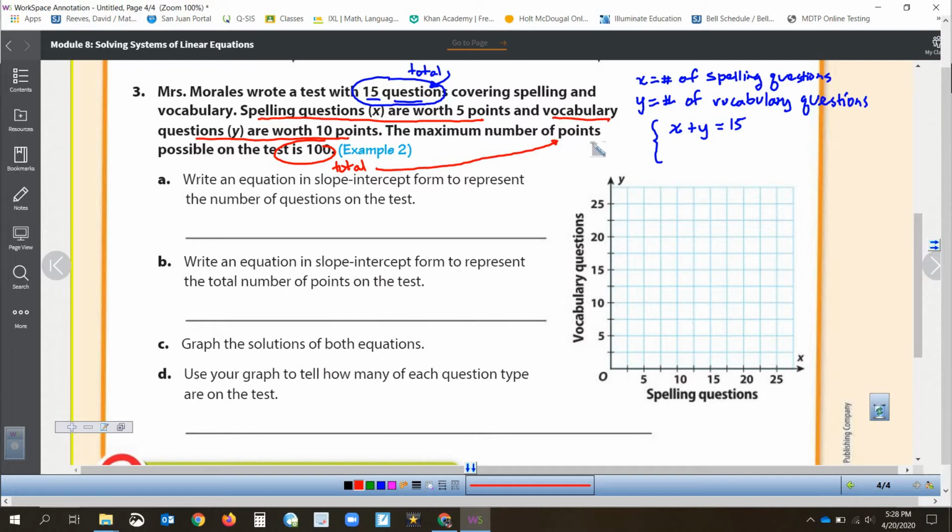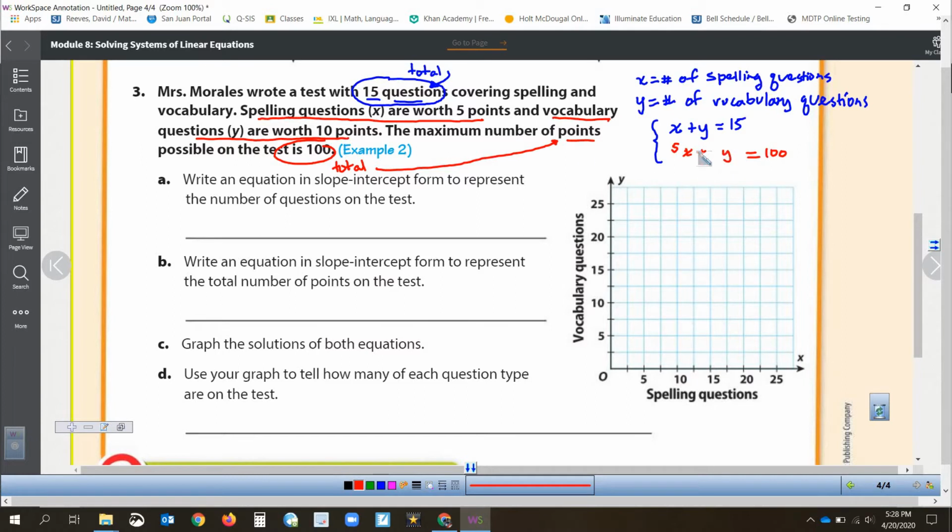Total points, right? So I'm going to have another equation over here, and instead of equaling 15, this one's going to equal 100. And I have an X, and I have a Y. All right, but x plus y doesn't equal 100. Remember, x is the number of spelling questions. There's not 100 questions. This is points. What does it say? Every spelling question is worth 5 points. So I need to put a 5 here because each one of these questions is worth 5 points.